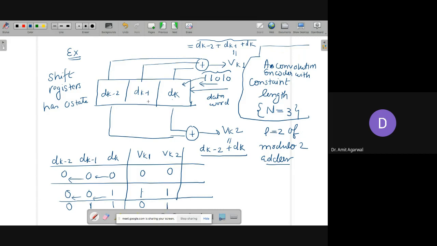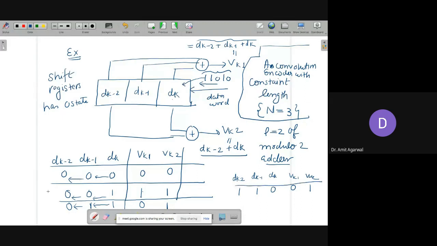If you go like this, in the next time instant, dk minus 2 is 1, dk minus 1 is 1, dk is 0. So vk1 is 0, vk2 will be 1.